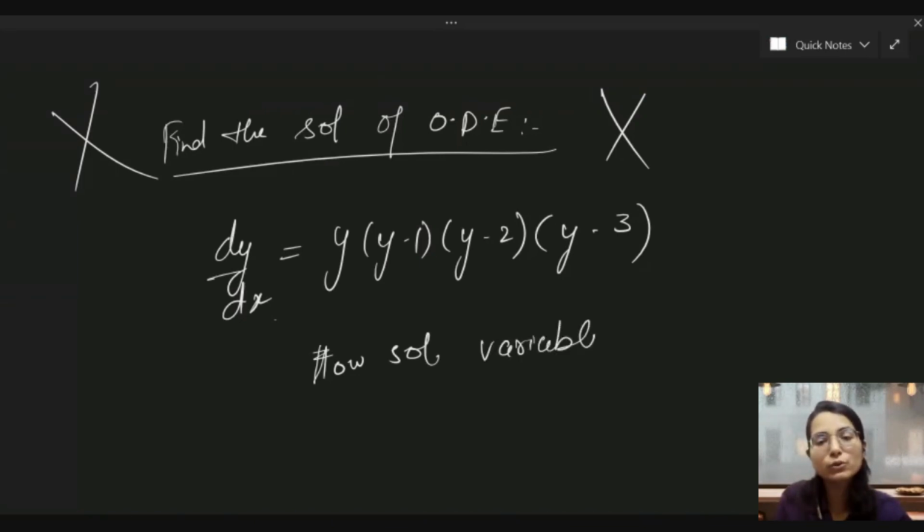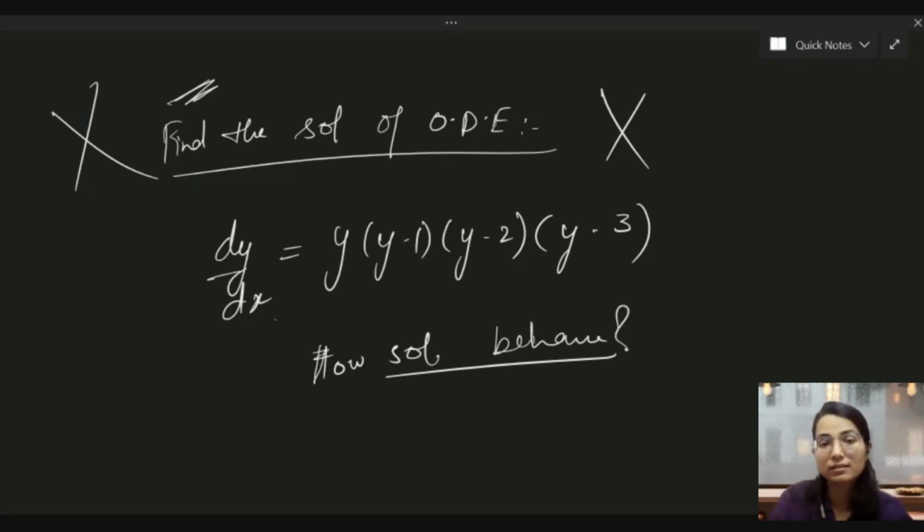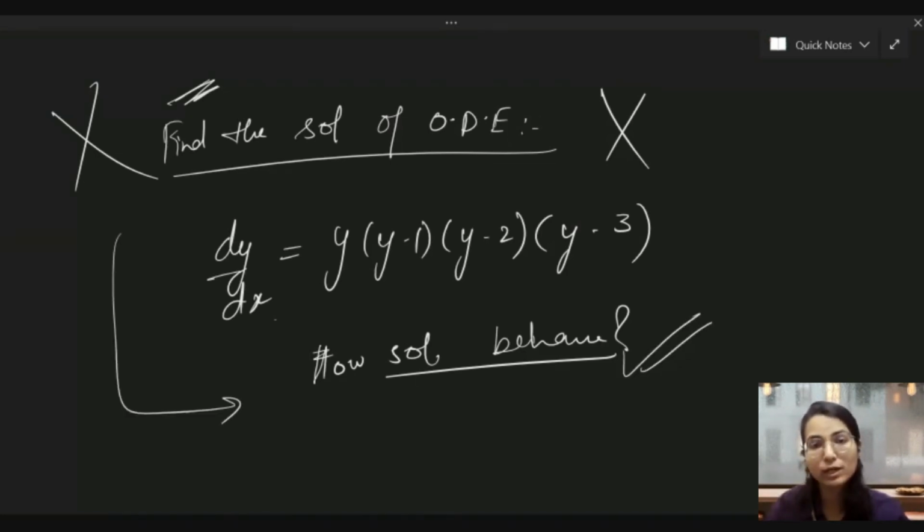So you also need to shift your mindset from this, which is not asked in any of your exams, to this. This is the correct way of thinking about the question and solving it. They haven't asked the solution, so we won't find the solution. They have asked the behavior of the solution, so yes, we'll find the behavior of the solution.